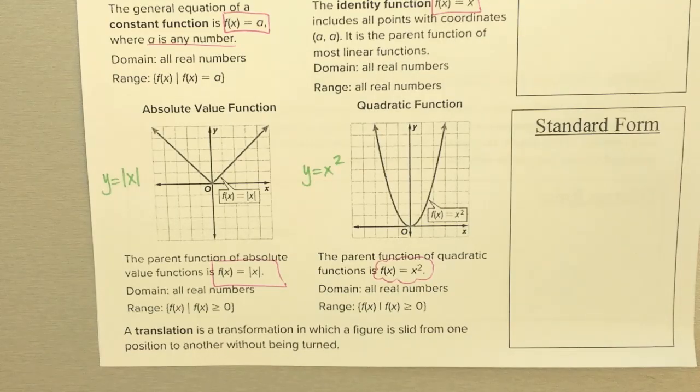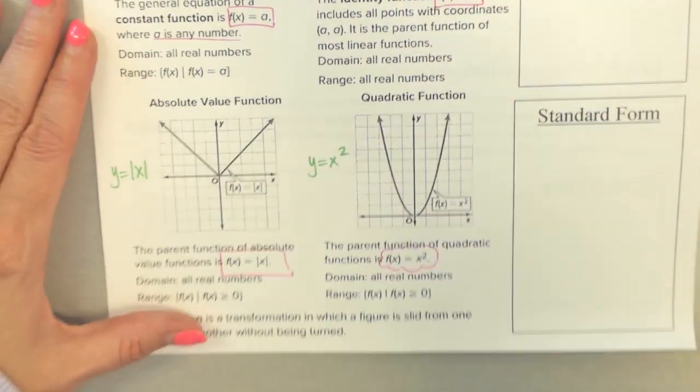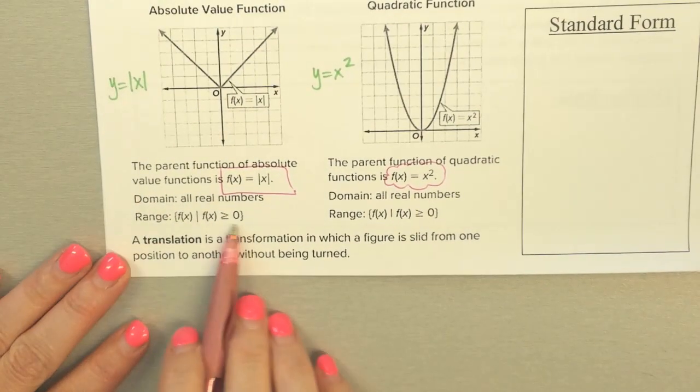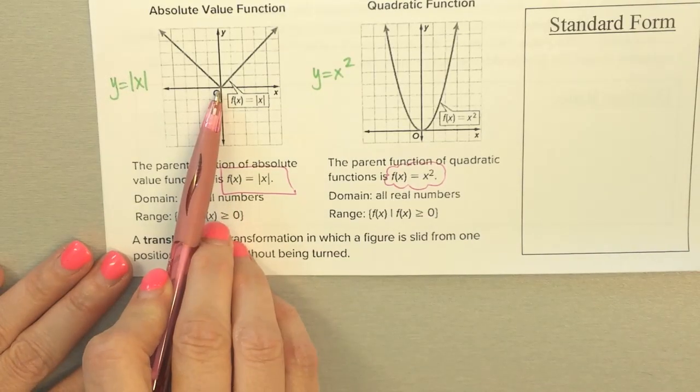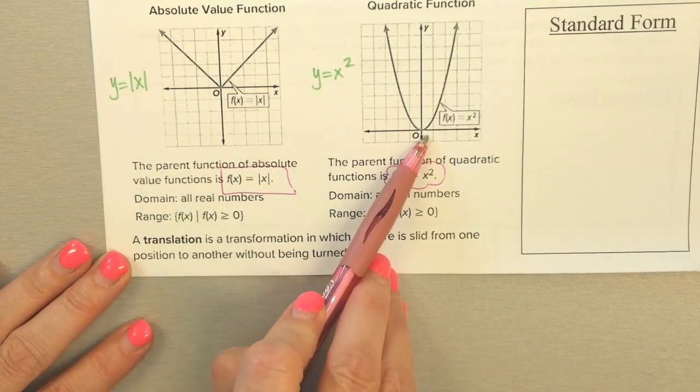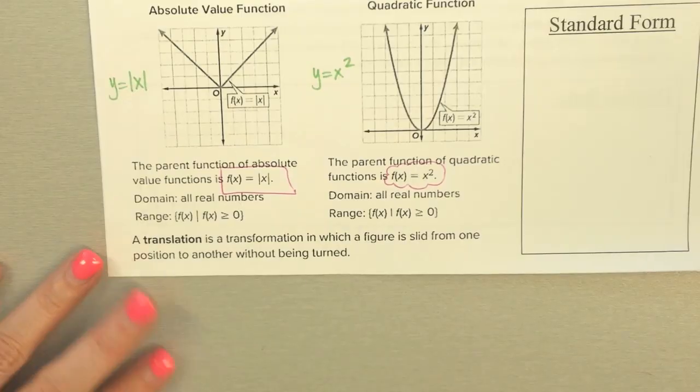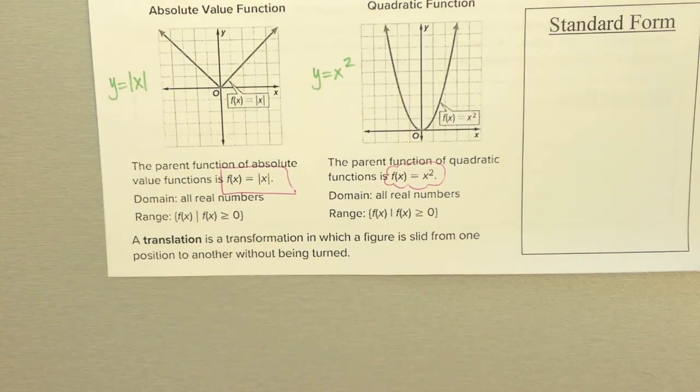That just means you can plug in any number and you can get an output. Okay, the range they're telling you for this is going to be all the points are above 0. Same thing here. All the points are going to be above 0. We actually aren't going to worry too much about your domain and range today, but they are giving you that for those parent functions there.